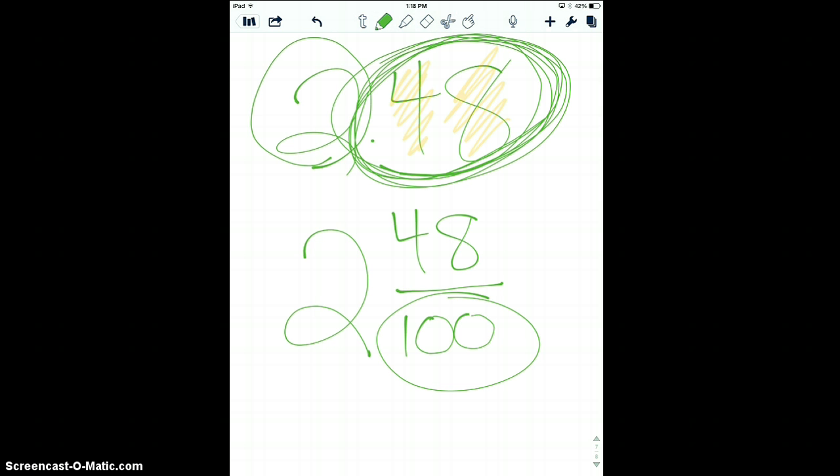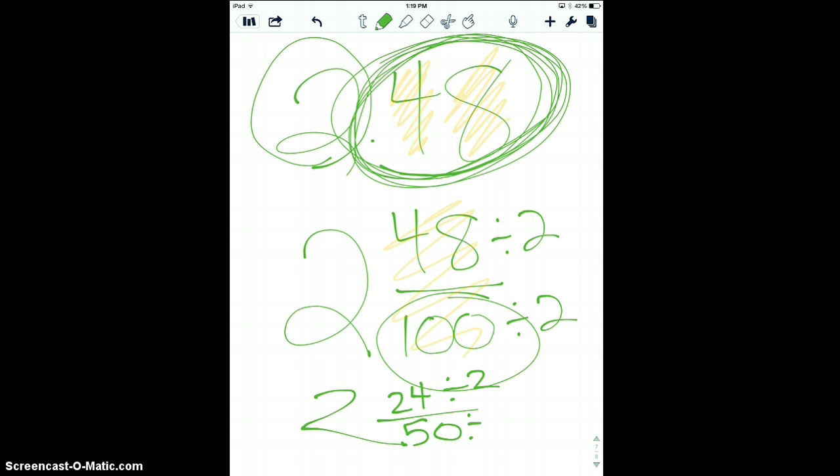And if you're even more amazing, you could tell that this 48 over 100, this part could be reduced because they're both even. So let's say we divide them both by 2 because we're amazing and we want to make sure that we simplify. So it's still going to be 2. 48 divided by 2 is 24. 100 cut in half, that'd be 50. Then you're like, wait, Miss Everly, it could be divided again. Yep, it could.